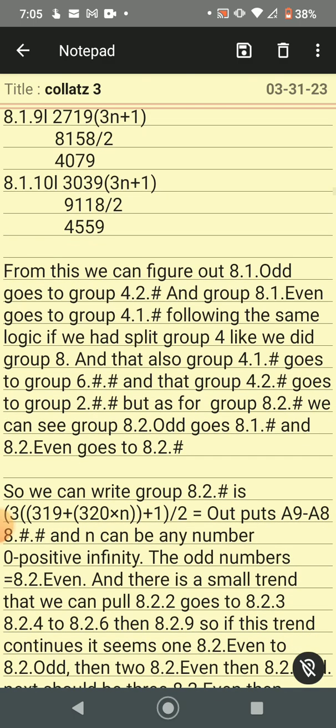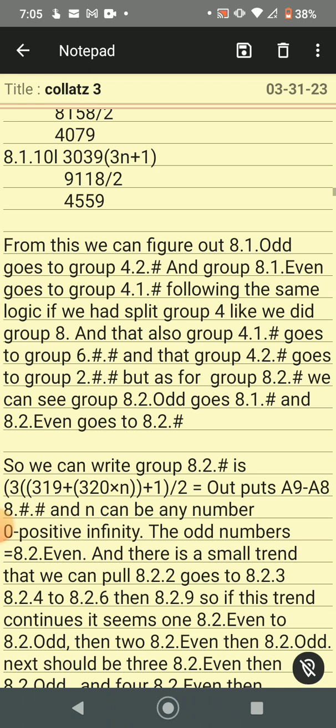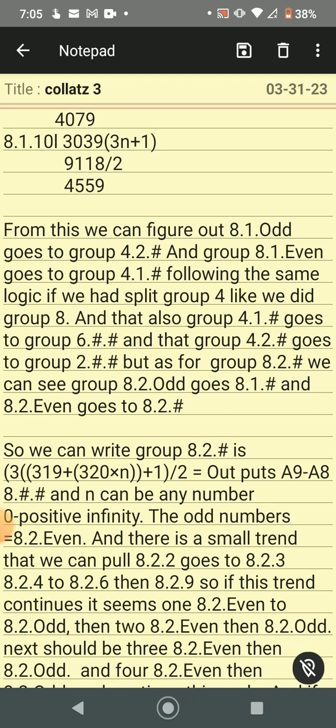But as far as group A2 number, we can see group A2 odd goes to 8.1 number, and 8.2 even goes to 8.2 number.